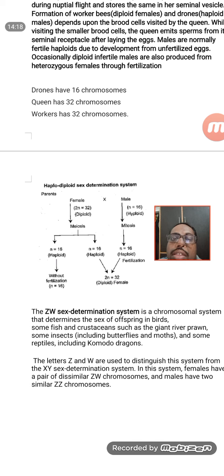So the gamete which mates with the female, that is N16 and N16, will become diploid in condition, that is 2n equals 32. So here that will become a female, and this other one which has not received that male gamete will become n equals 16, a male.